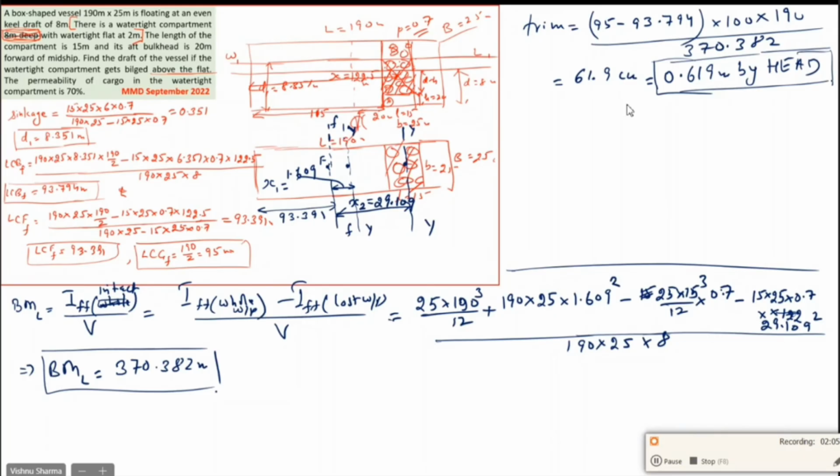Correct, sir. Now you have to use LCF. Again, be careful, don't use LCB by mistake.